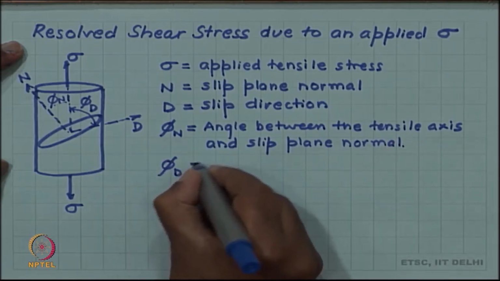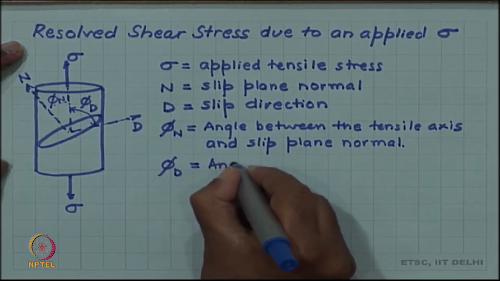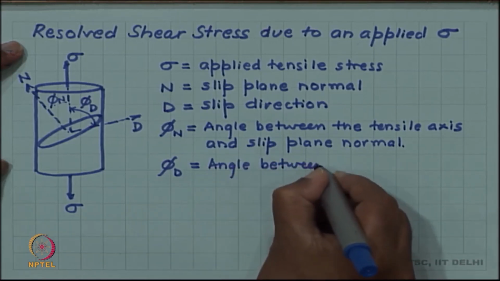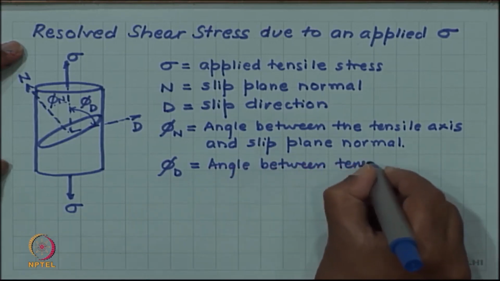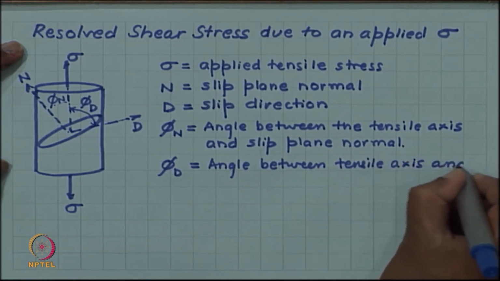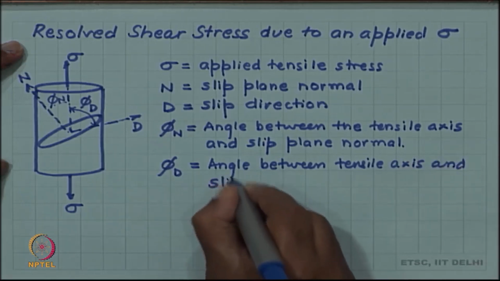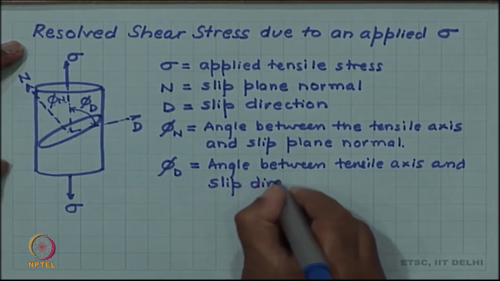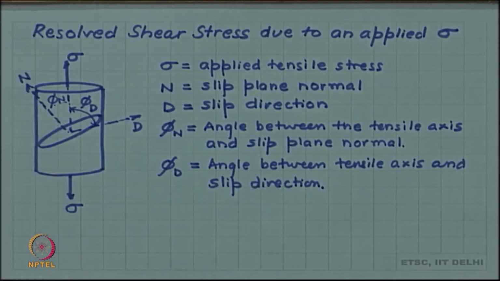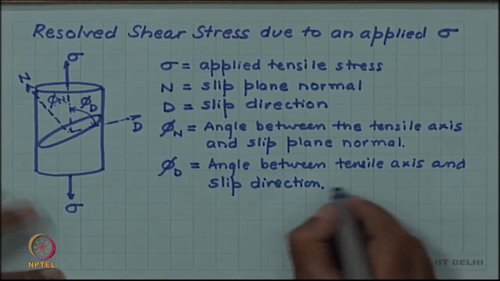Phi d is the angle between the tensile axis and slip direction. So, with these variables we can try to find what is the resolved shear stress tau.